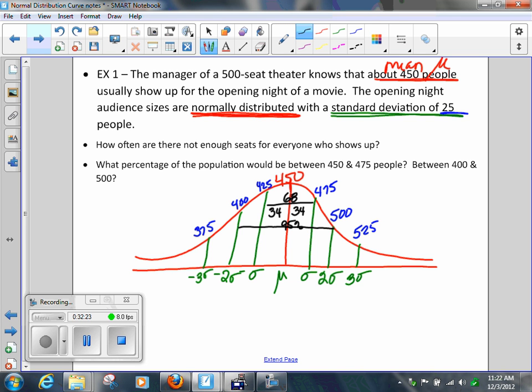What goes in this column? 13.5. What goes one more standard deviation out of there? It is 99. But what's the little piece? 2 and 2. And then what's on the outside?